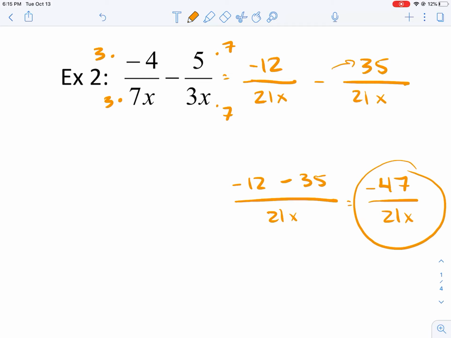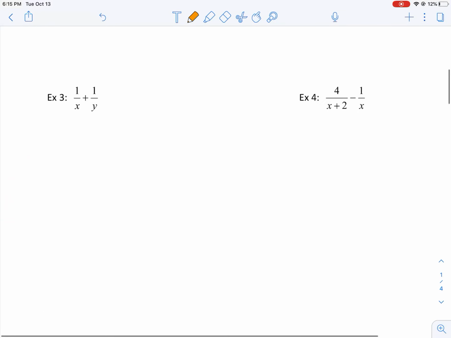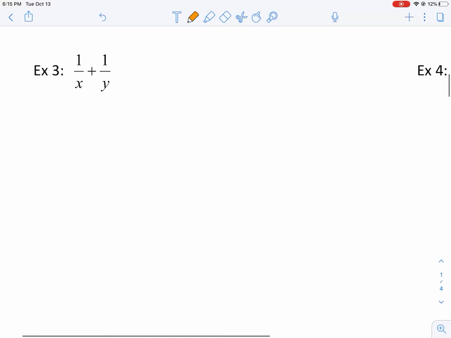So that's example 2. Let's go down to example 3. In order to find my common denominator, in this case, neither one of these is a factor of the other. They're not even the same variable.